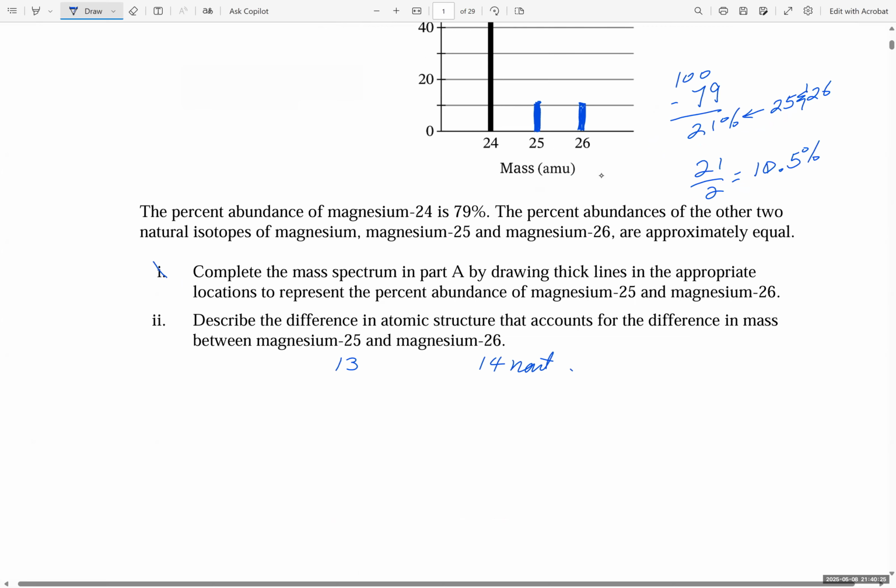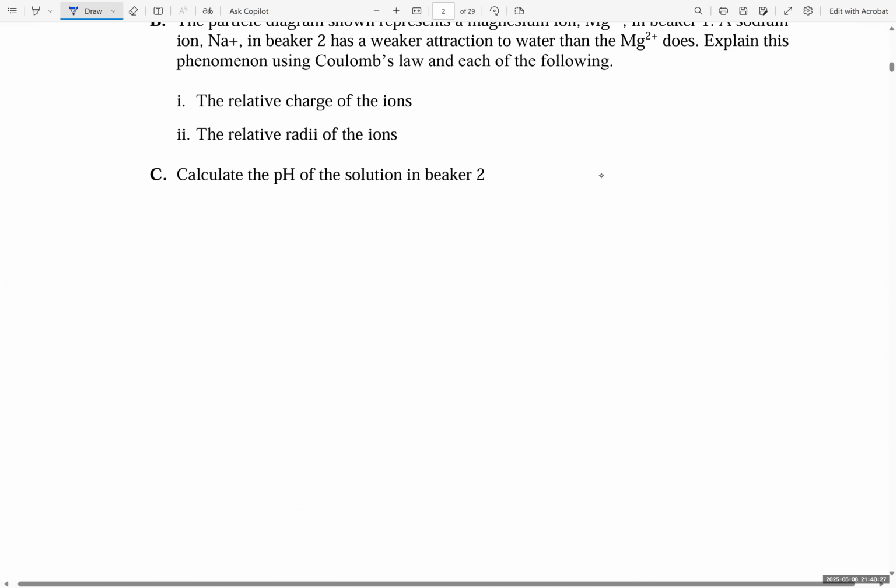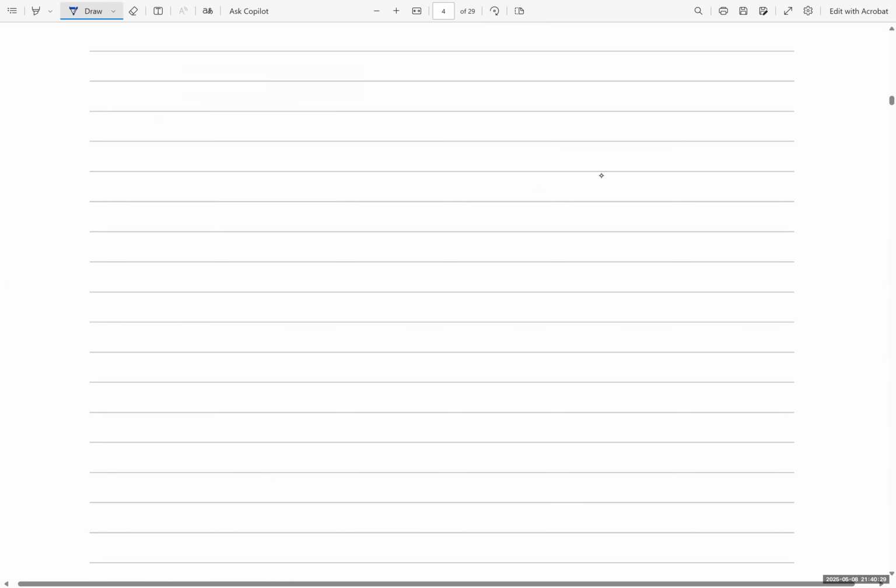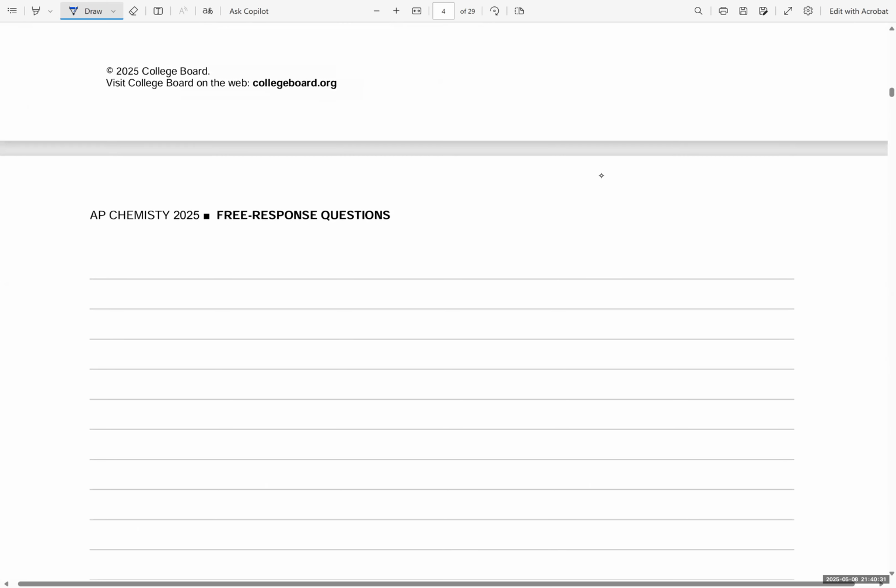So I'm going to go over to the section right here, and for 1A, I'm going to write I. It's going to be, please see the diagram.